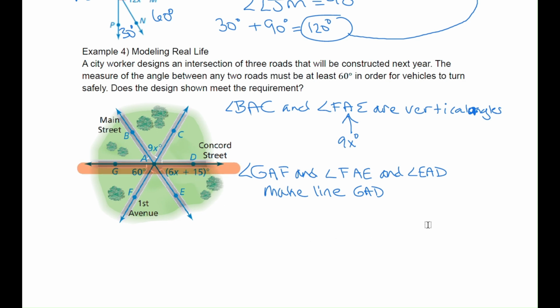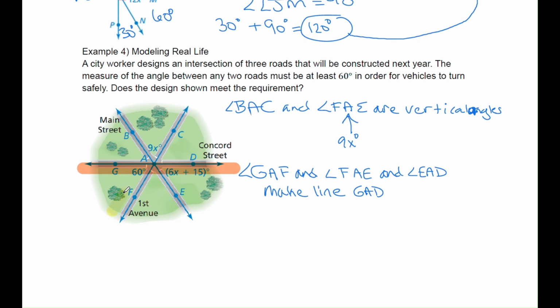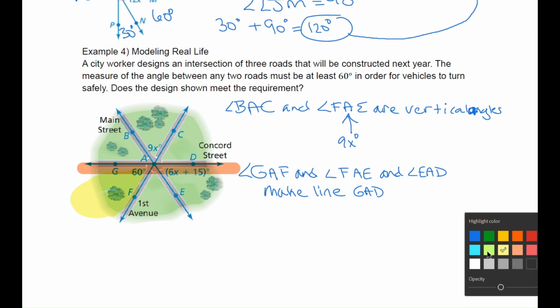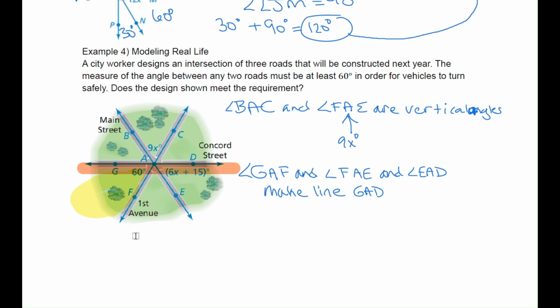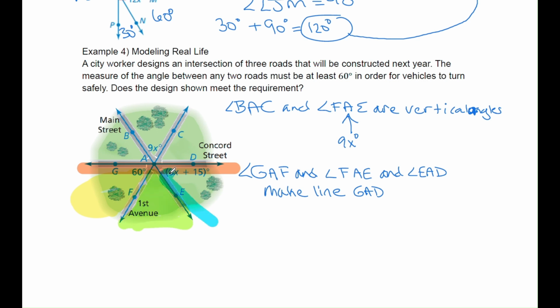And we're talking about angle GAF, so GAF here. And angle FAE here. And angle EAD here. So all together, they made that line.